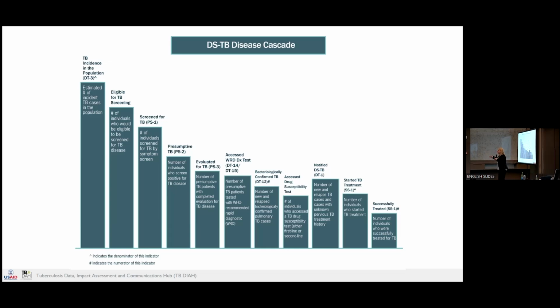But this is estimated, it should be even lower than the number to be screened. Or the key groups for screening. But here we have estimated number of incident cases in the population.